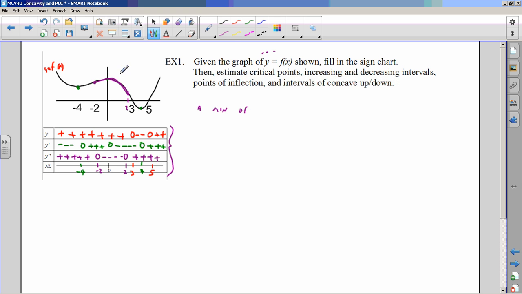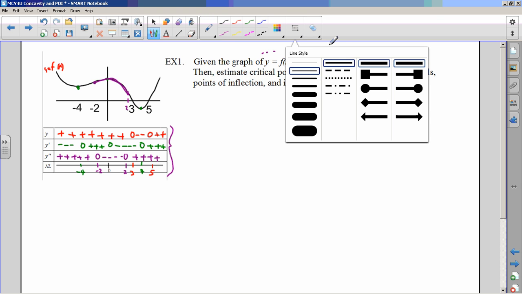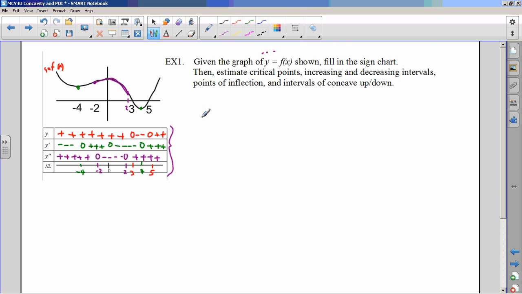Now, we don't know the outputs, so I'm just going to write a minimum occurs, maybe I'll do this so it matches my graph, because critical points are the story told to us by the first derivative, right? So here, a minimum occurs at x equals minus 4.